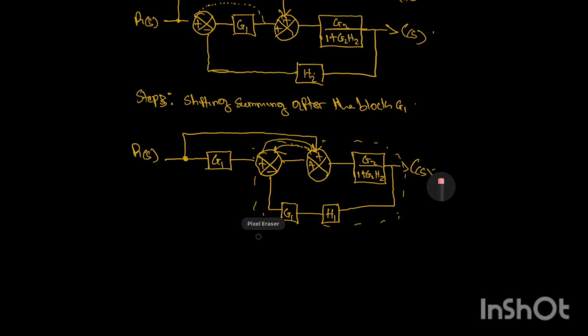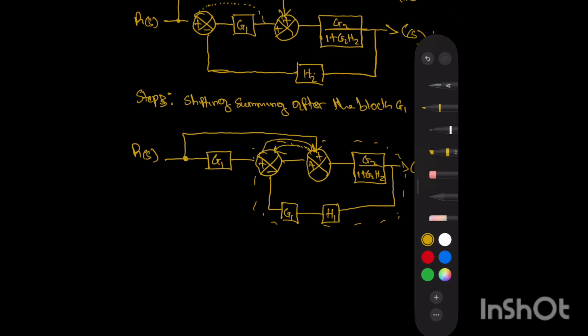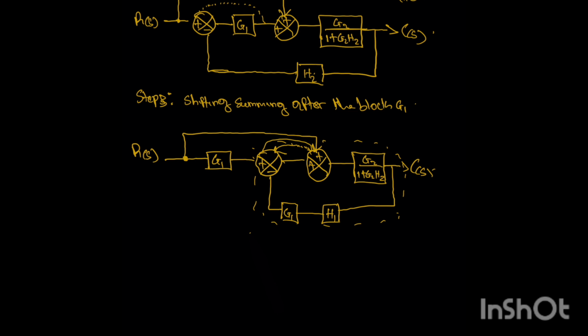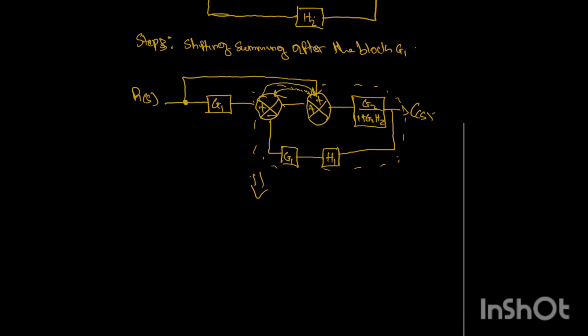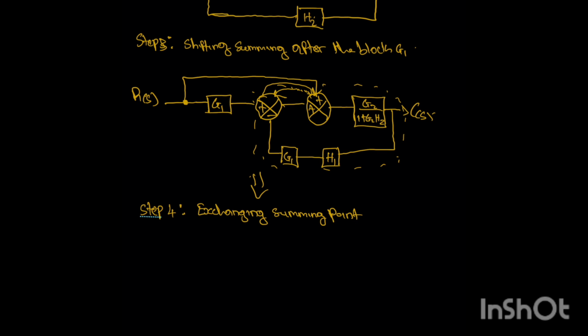So looking at the next step we say step 4. Step 4, I say exchanging summing points and multiplying gains.